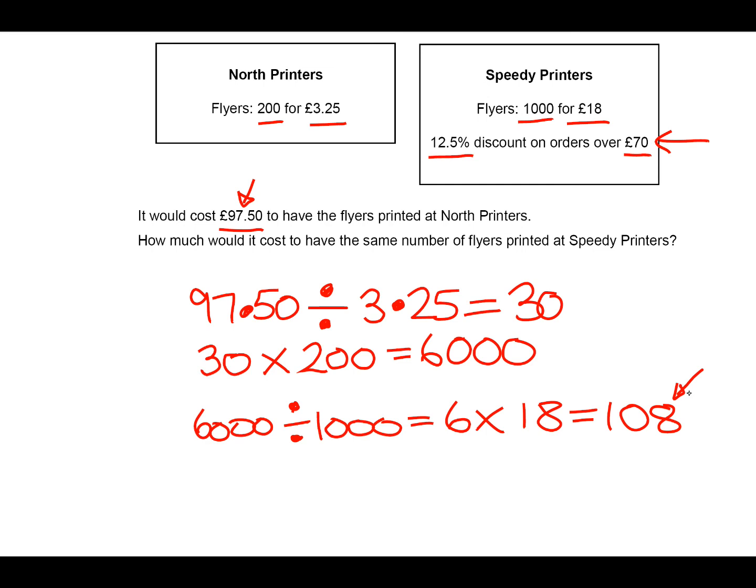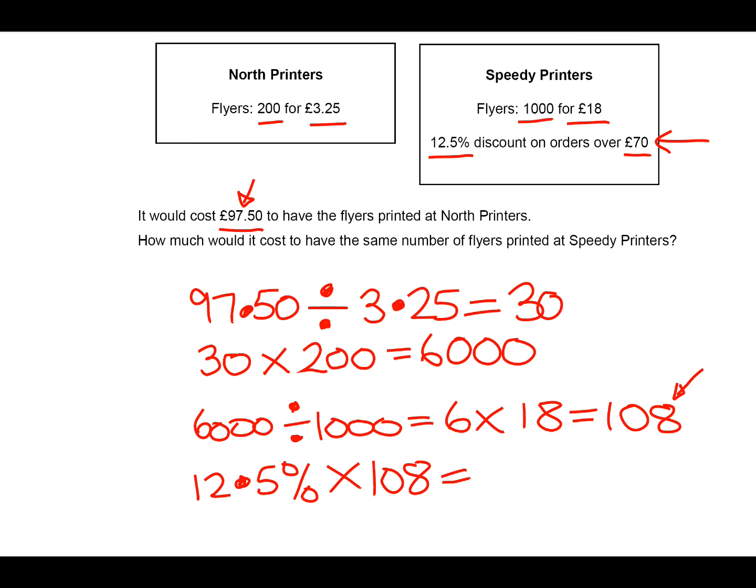So let's look at our 12.5% discount for our £108. I'll show you in a second on the calculator, you can put percentage in, of the £108. And that will tell us what our discount is.